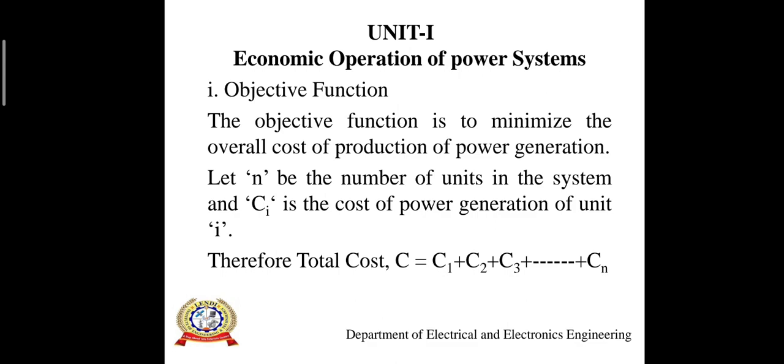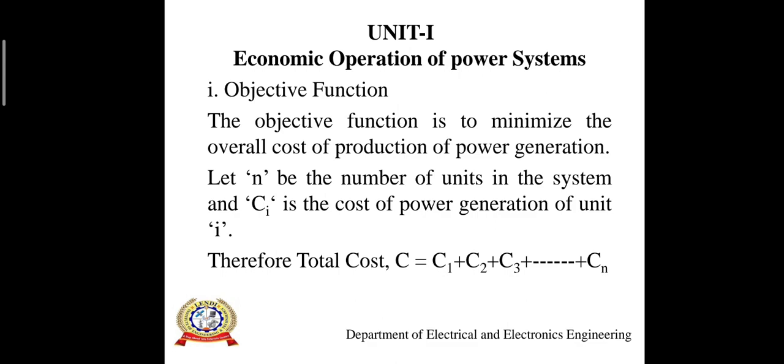So every time we are talking about minimizing the overall cost of generation, that is production, and satisfying the required load demand. Generally the cost in thermal and nuclear stations is nothing but the cost of fuel. If you take a thermal plant or nuclear plant, fuel is the main thing.